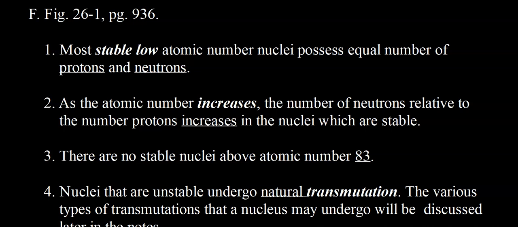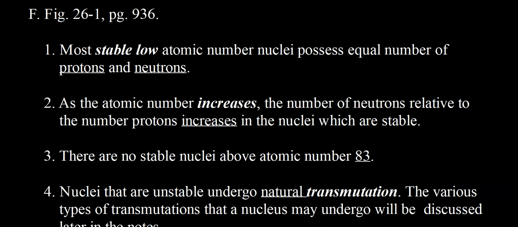And again, if we look on that figure in 26.1 on page 936, we see that things that are neutron poor will undergo radioactive decay. Likewise, things that are neutron rich will undergo radioactive decay as well. So there's that fine line between too few neutrons and too many neutrons.